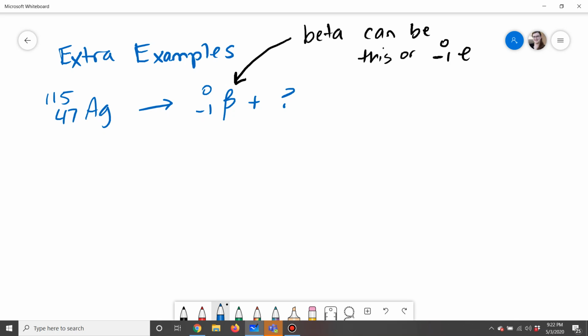So we see that our atomic mass is not going to change, because 0 plus 115 will equal 115. Now we need to figure out -1 plus something equals 47, and that's going to be 48. And if we just take a look at the periodic table, all we need to do is look at what's next to Ag, which is silver, and that's going to be cadmium, or Cd.